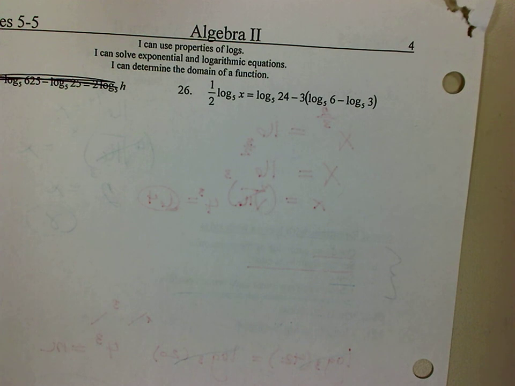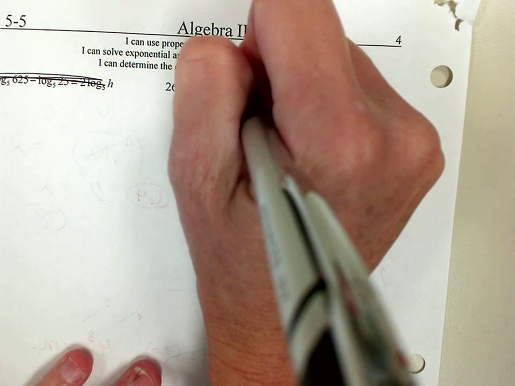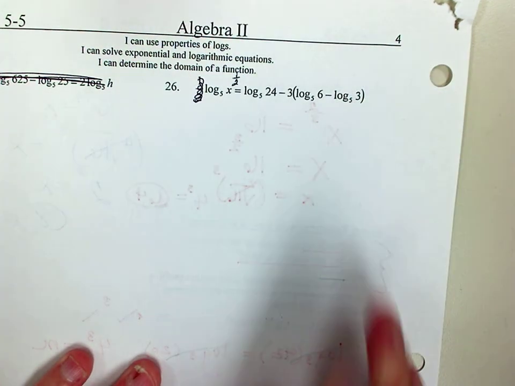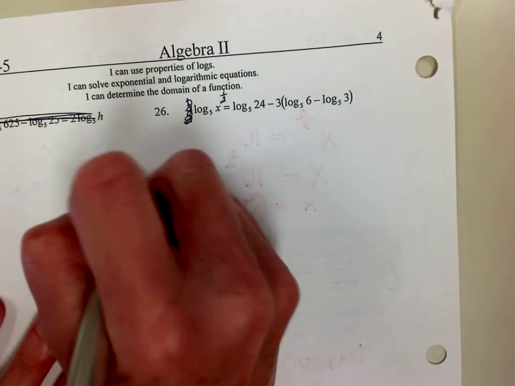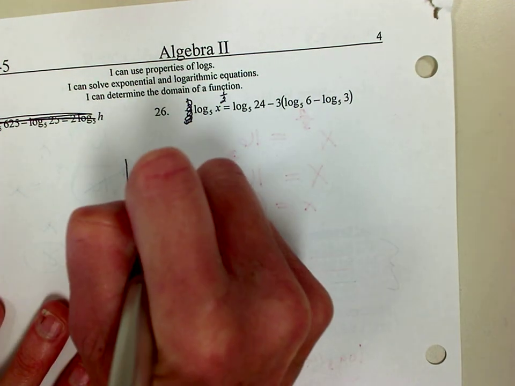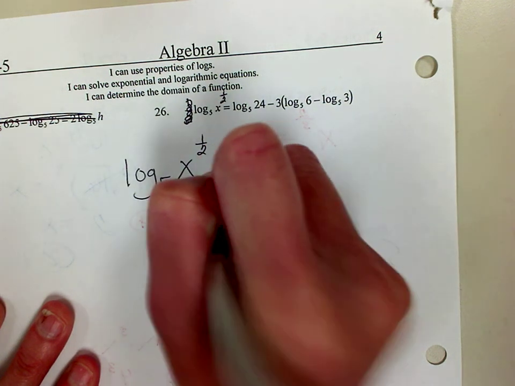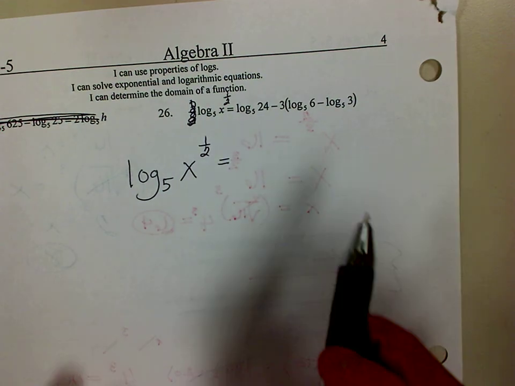So the first thing I want to do is, let's look at the left side first. I'm going to change this 1/2 to an exponent since it's down in front. So the left side is log base 5, x to the 1/2. Now I got to do something.